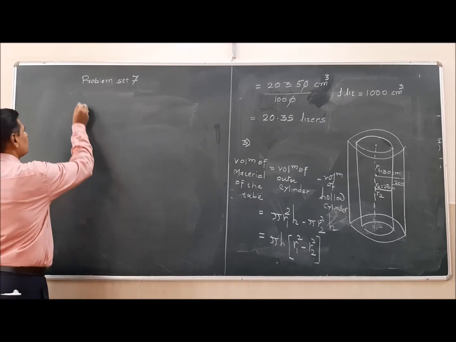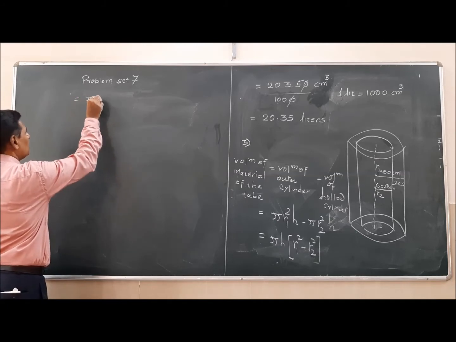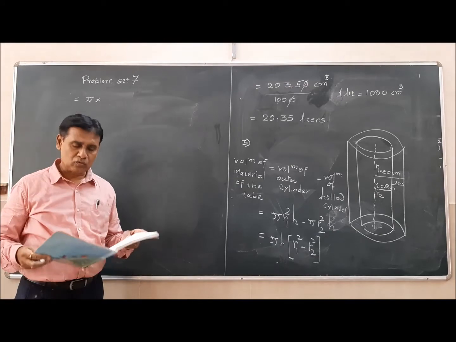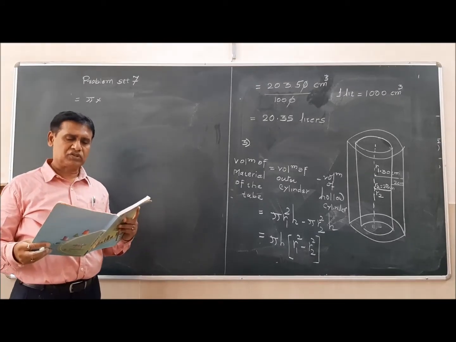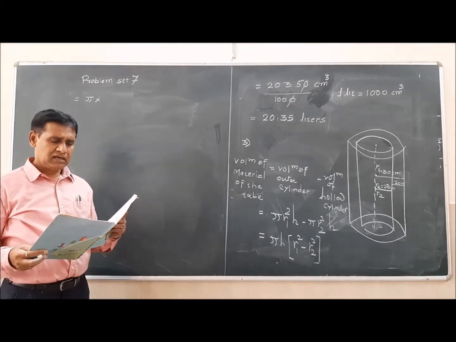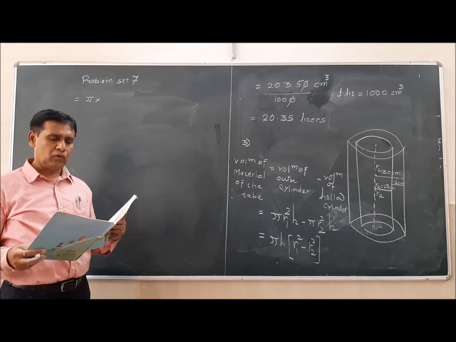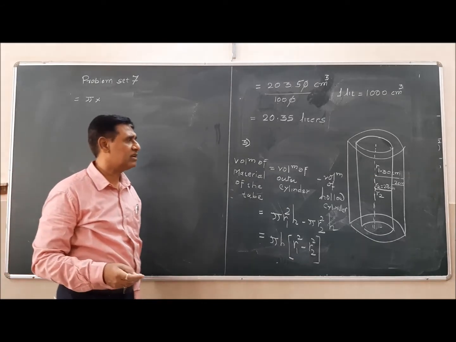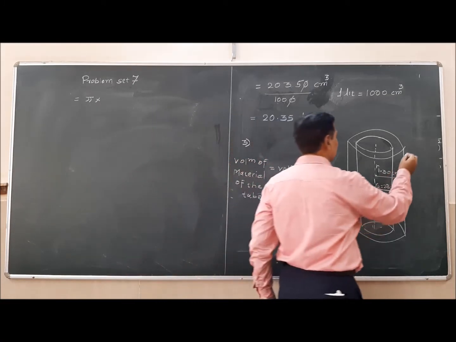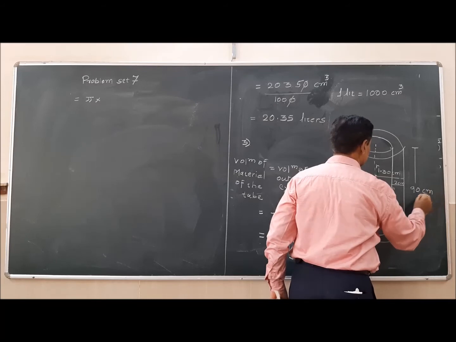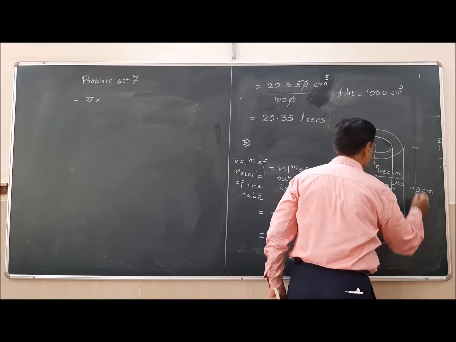So I'll get pi into the value of h, that is the height of the tube. Here they have given the height as 90 centimeter. 90 centimeter is the length of the tube.